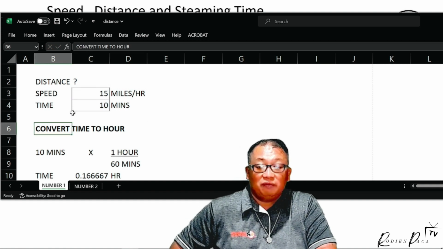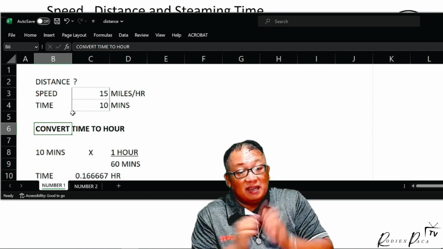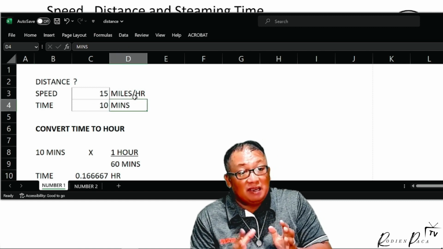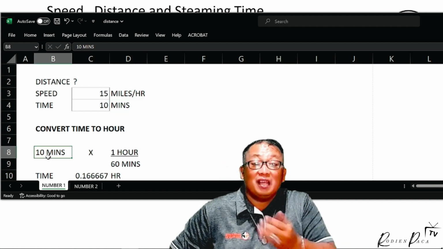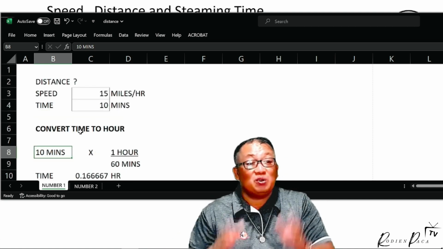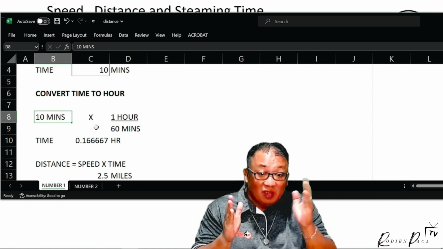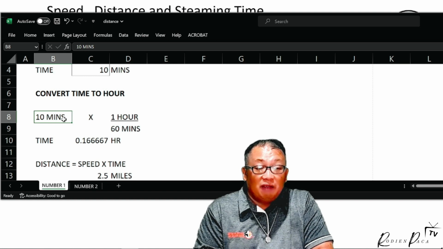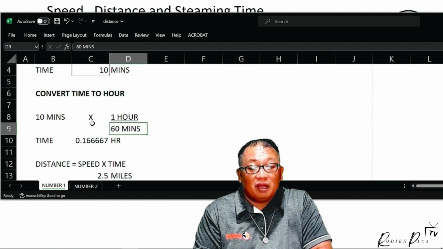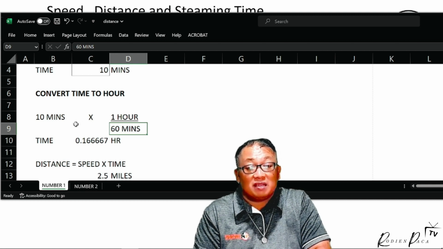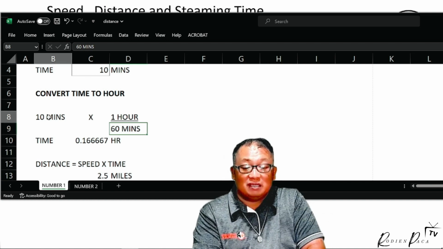So, convert first. If you're gonna solve this one, the given is minutes, but the speed is miles per hour. So therefore, you have to convert 10 minutes into hours. How to convert? This is also another tip on how conversion is done. 10 minutes times, if the minutes is on the upper side, make sure the conversion of the same unit will be on the opposite side, which is dividend and divisor.